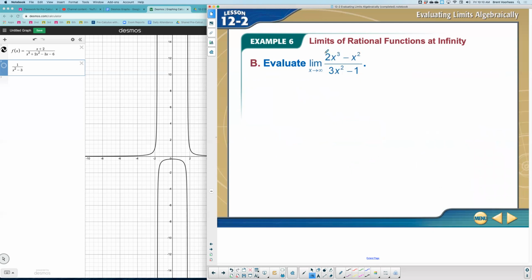Part B, I look at and I see that the power is bigger on the top. So if it's bigger on top, I'm going to say the answer is going to be plus or minus infinity. Now, how do you know? This is typically viewed as a shortcut here.